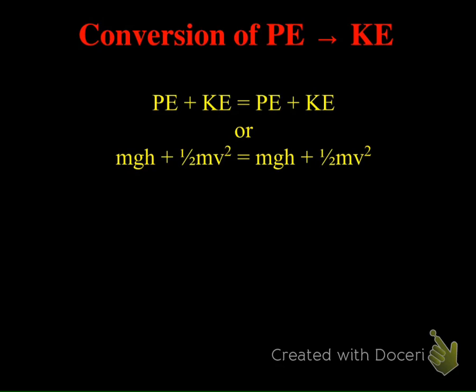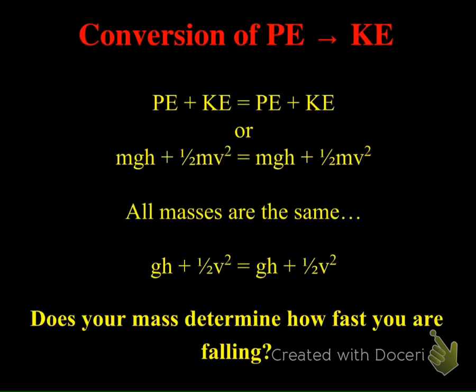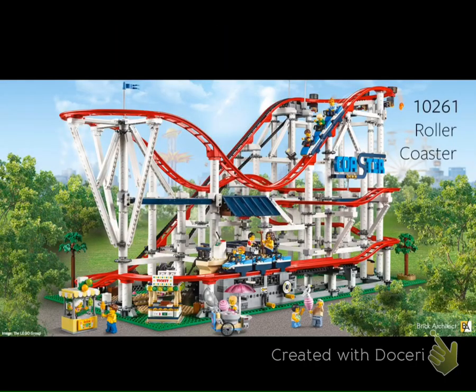Has your mass changed whatsoever? Besides maybe getting sick to your stomach? No. So that means you can divide everything by mass. What does that mean? That means that for a roller coaster, listen carefully, it doesn't matter whether you're on the cart with all the preschool kids or all the old folks from Dieting Club America.